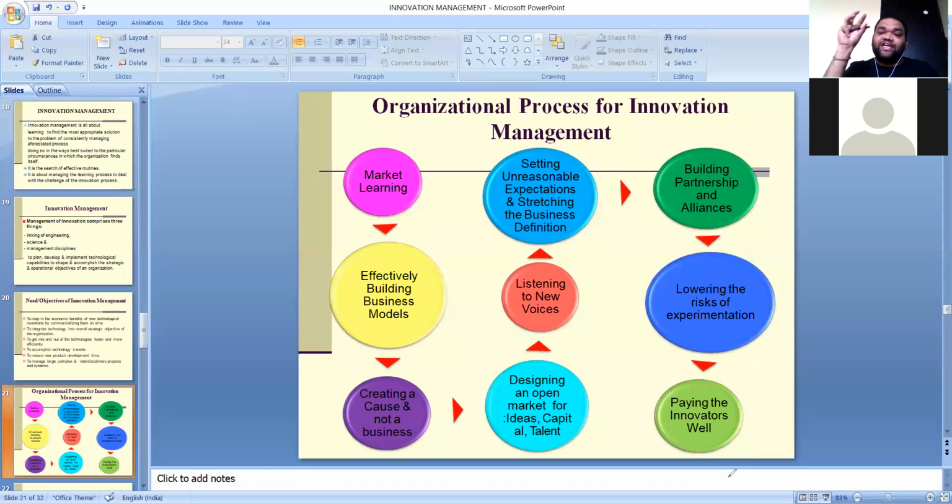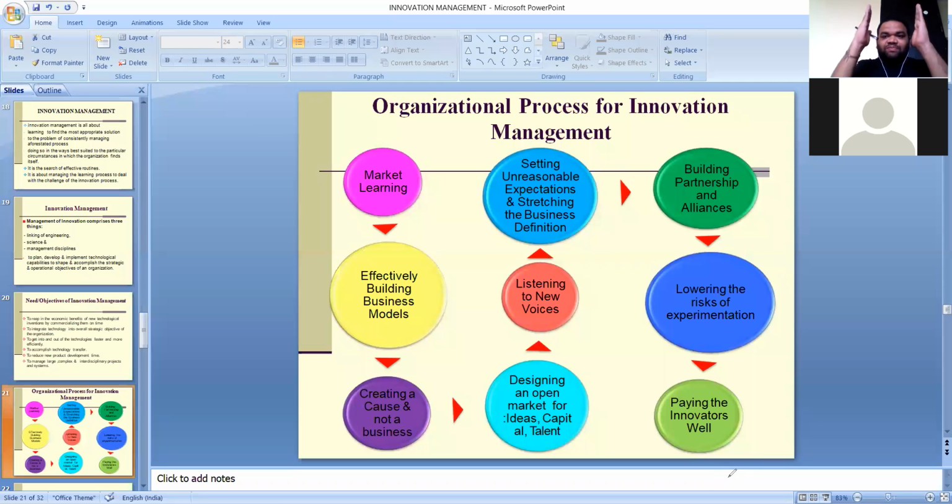After getting the information from the market, based on that information, we have to build a business model. We have to plan for operations, identify the sources of revenue, then identify the intended customer base and products, and the last one is to identify the details of the financing.